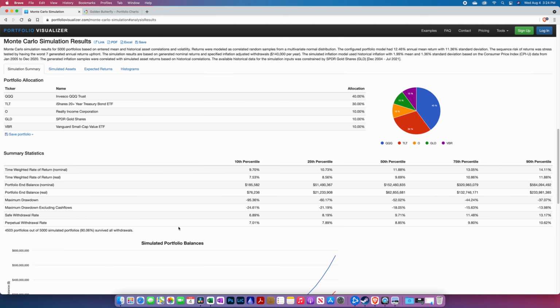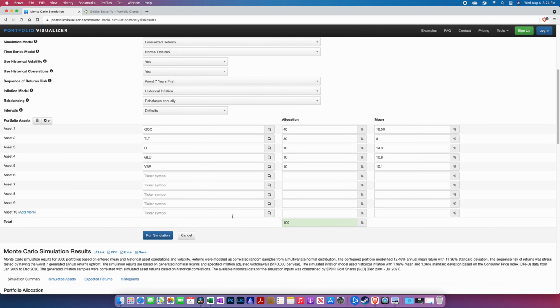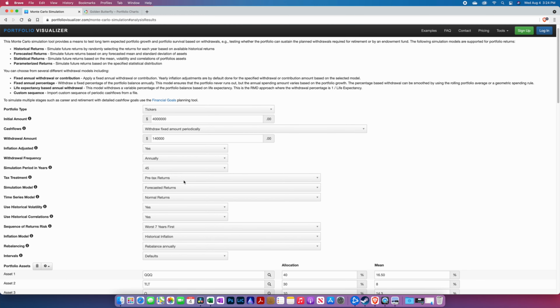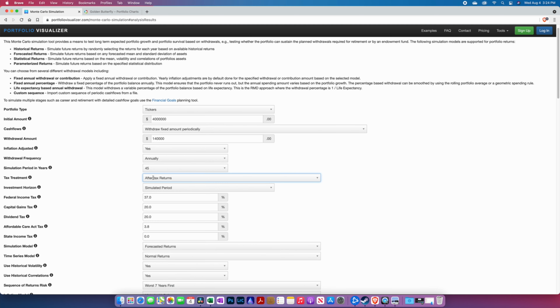it's great. The other thing that you can do with this tool, and it doesn't really make a difference for me, is after-tax returns, right? If we're withdrawing that much, we're probably going to be in the 24% bracket. State of California, I'm going to be in like the 9% bracket. Dividends and capital gains we'll put at 15.